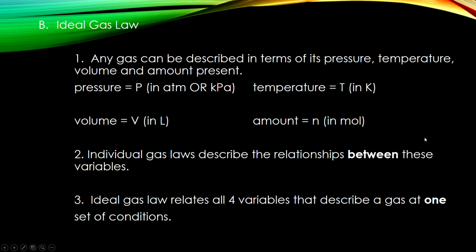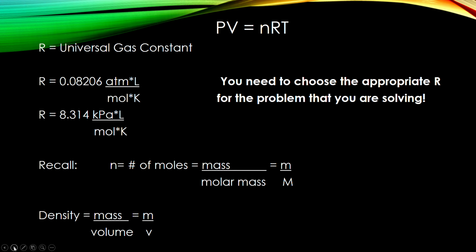Okay, so the individual gas laws that we talked about before describe these relationships between these variables. And basically what the ideal gas law does, it takes all 4 variables that describe a single gas in one given set of conditions. So this is the equation that we use.